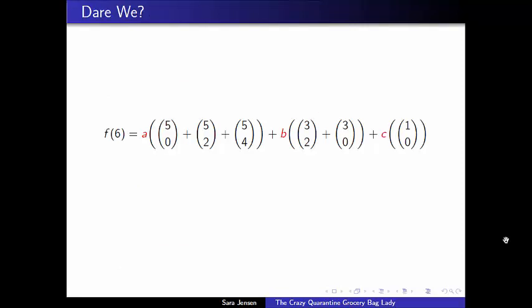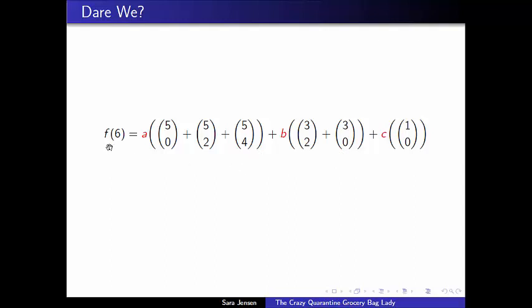So we're thinking that if we wanted to know the number of arrangements for day 6, we should have something that looks like this. Everything is going to have come from having 5 bags in the cupboard, 3 bags in the cupboard, or 1 bag in the cupboard. And then I've chosen an appropriate number of bags from what was there, even numbers.